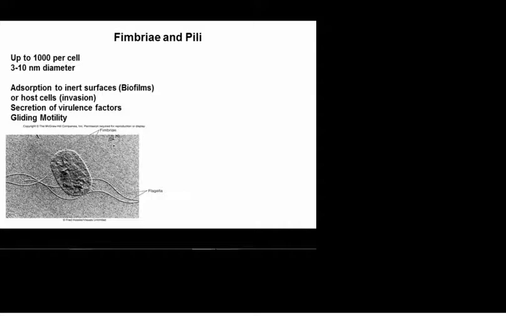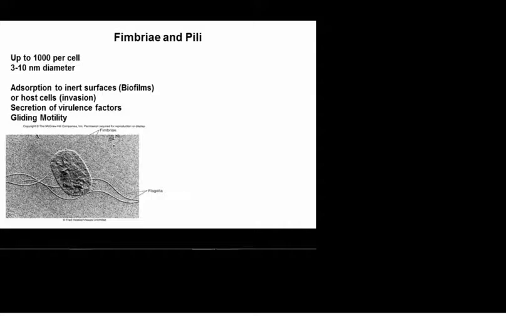Now, there are two names for these structures because they were observed and described independently by two different microbiologists. One of them decided to call them fimbriae, which is like a thread in Latin, and the other microbiologist called them pili, which is hairs, like pilus.